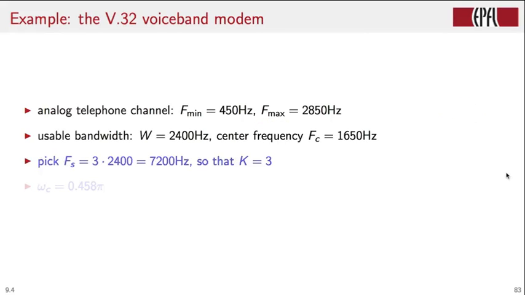But also, we're going to use an upsampling factor, which is an integer, and the trick is to pick a sampling frequency which is an integer multiple of the bandwidth. So if we pick the multiple equal to 3, then we get a sampling frequency of 7,200 Hz, which of course satisfies the Nyquist criterion. When we translate the specs into the digital domain, we find that the modulating frequency is 0.458 pi.